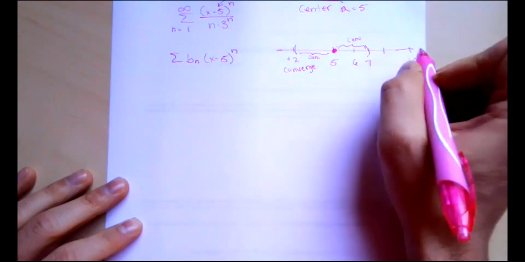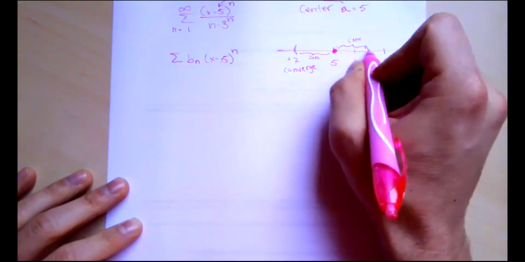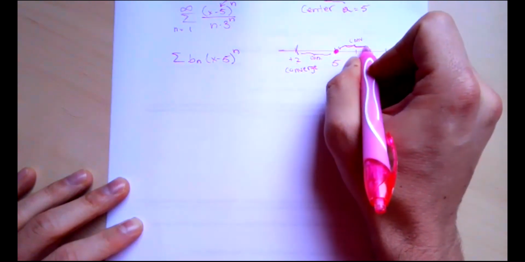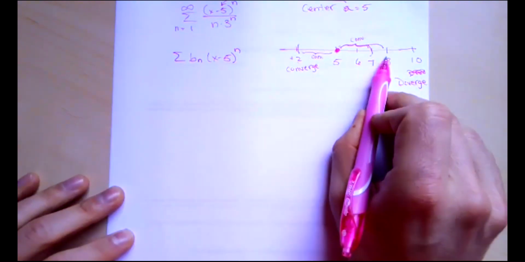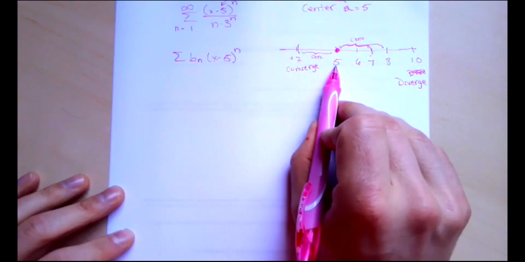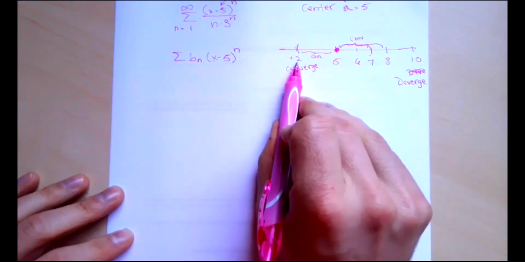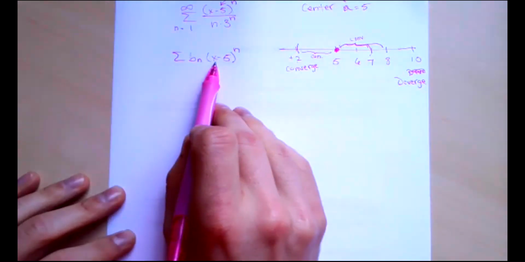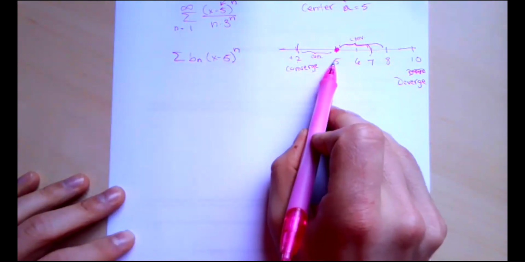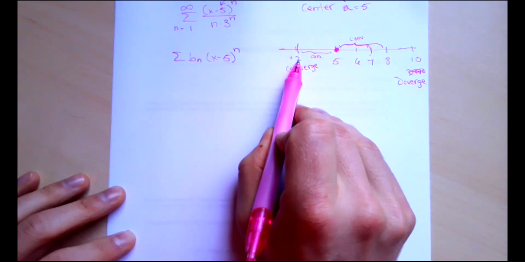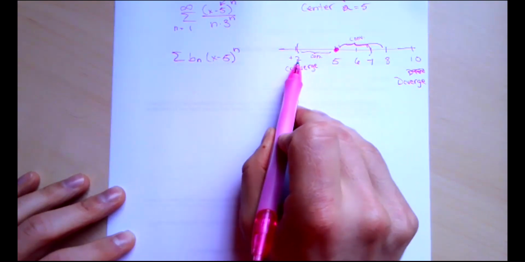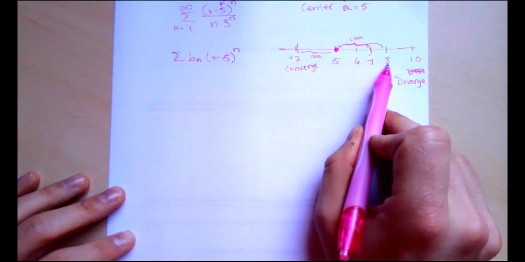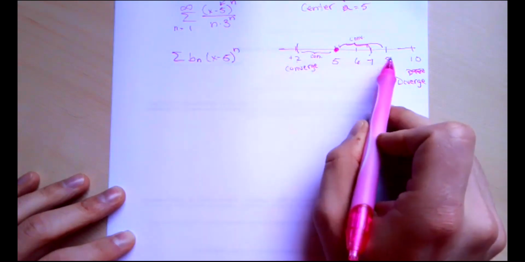What's going to happen at 8? 8 is where it gets hazy. 8 we don't know. Because I know it converges at 2, it certainly converges at 5 because that's the center. I know that the radius of convergence is at least 3. So it should converge for all values 3 below, all values 3 above, but the endpoints we don't know about.